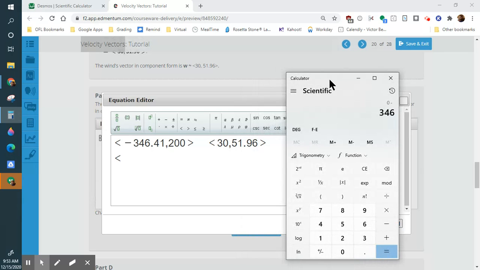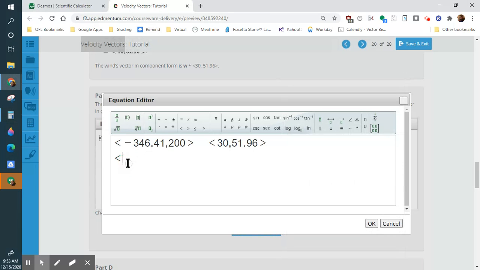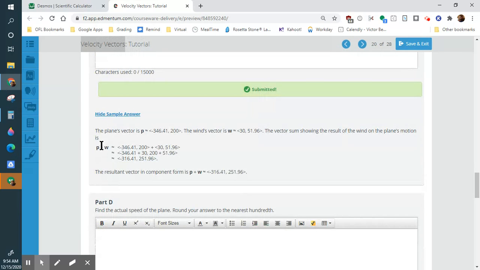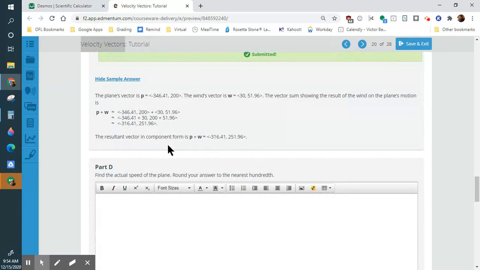Negative 346.41, and we're going to add that to 30. So negative 316.41, comma, 251.96. And that's the sum of them together. So we get the same answer, nice and simple.